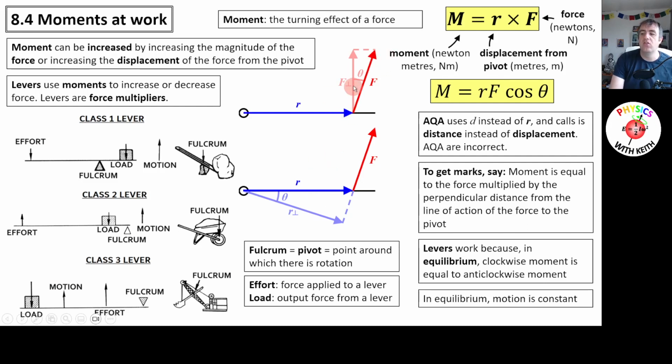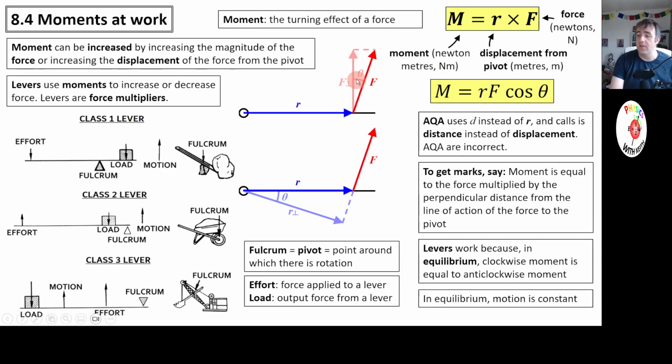We need to resolve our vector F to find the perpendicular component, or resolve our vector R to find the perpendicular component. That's what we need to do. And we can use trigonometry for that.